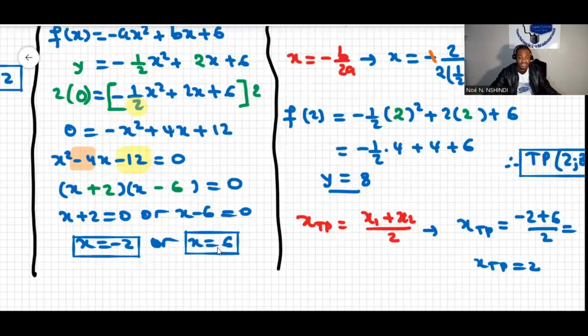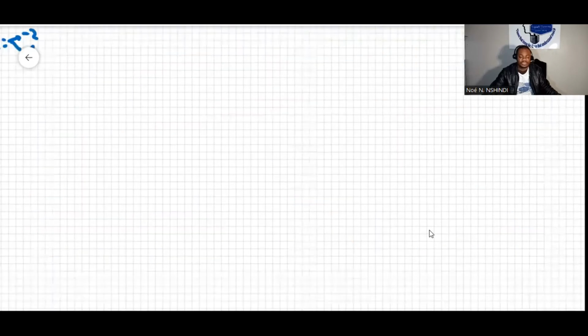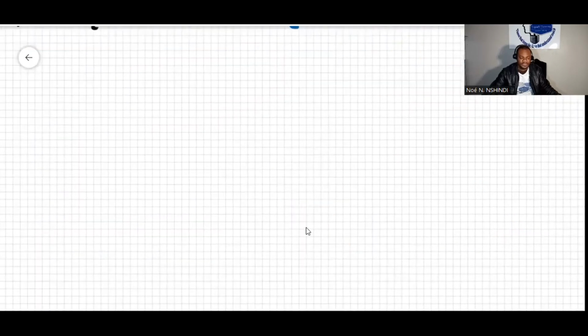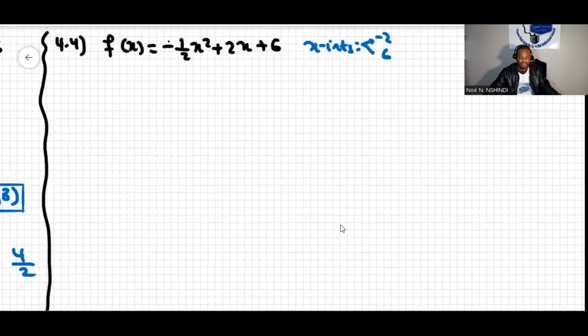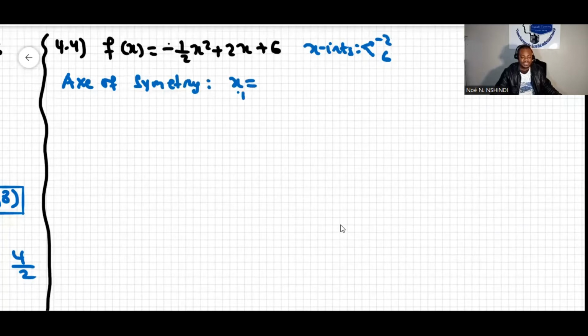Those are the x-intercepts, and then the axis of symmetry is also just the x value of the turning point. Axis of symmetry will be x is equal to the x turning point. Okay, x is equal to 2.